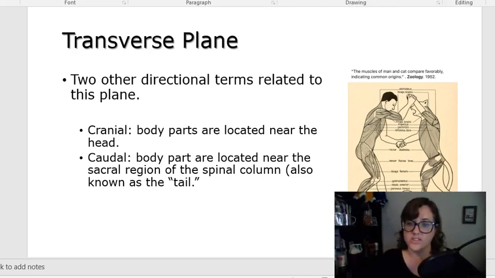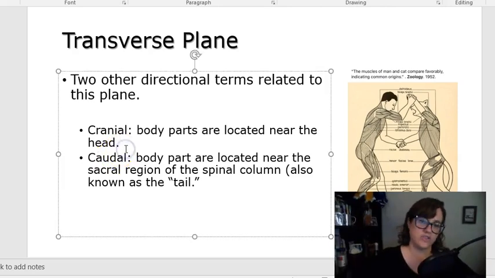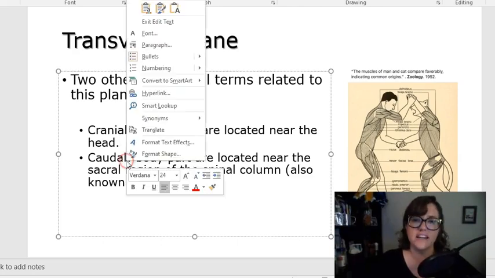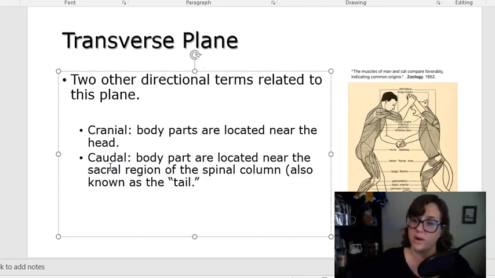There's a couple other words related to this, and they have to do with animal science, though we also use cranial a lot in human biology. So cranial means anything associated with the head, while caudal means anything associated with the sacral part of your body, which is your tailbone. That is because it's also referring to tail. So you hear about caudal fins a lot in animal biology because it's talking about tail functions.